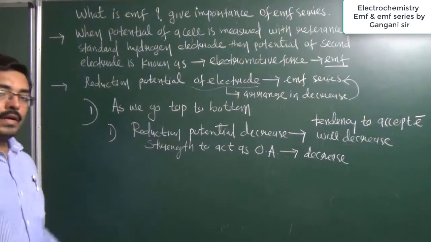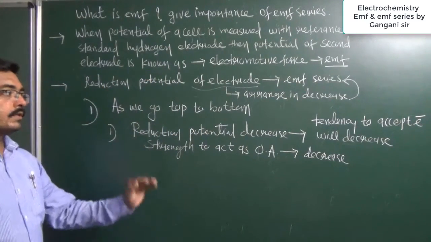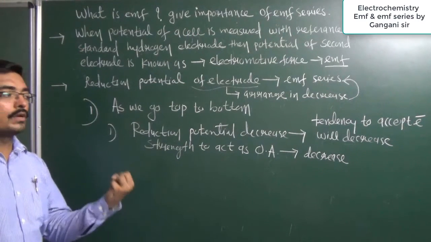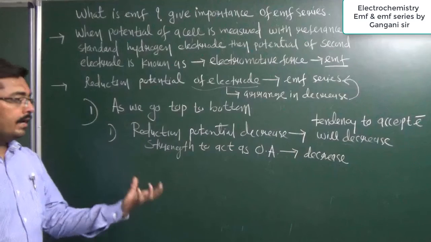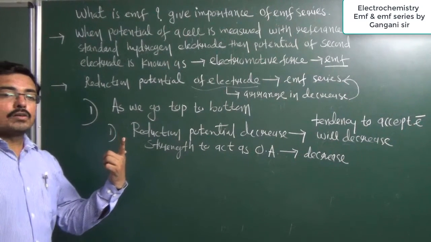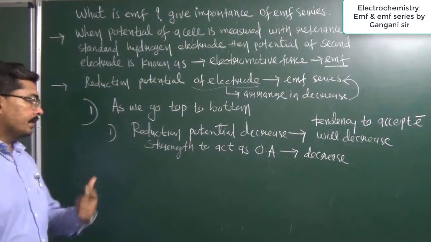As we go from top to bottom, reduction potential decreases, meaning the tendency to accept electrons decreases, and so the tendency to act as an oxidizing agent will also decrease.